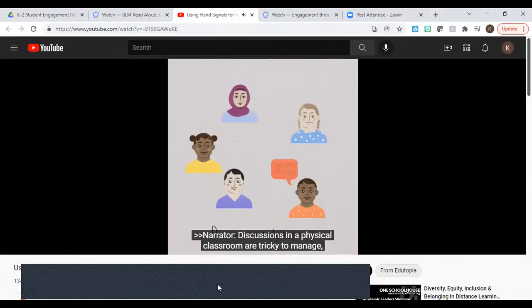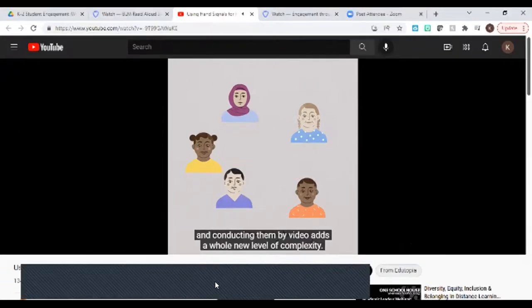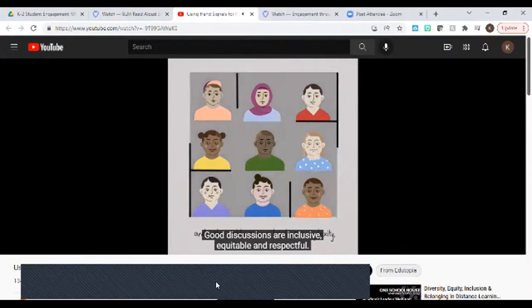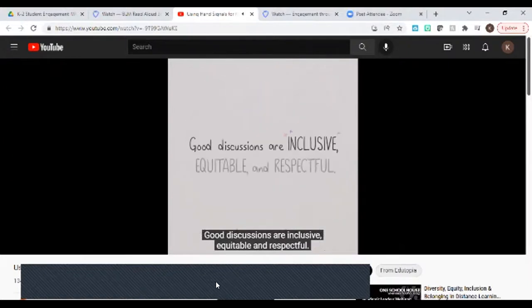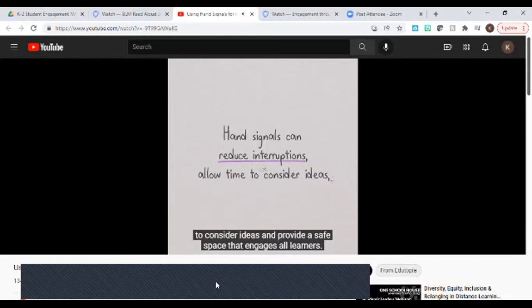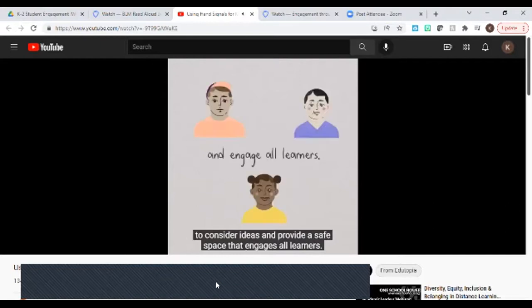Discussions in a physical classroom are tricky to manage, and conducting them by video adds a whole new level of complexity. Good discussions are inclusive, equitable, and respectful. An agreed-upon set of hand signals can reduce interruptions, allow more time to consider ideas, and provide a safe space that engages all learners.